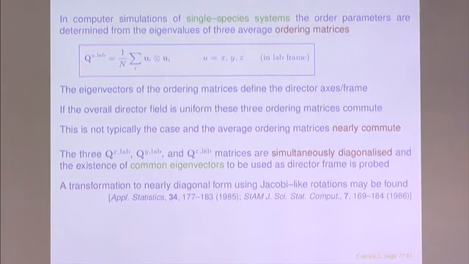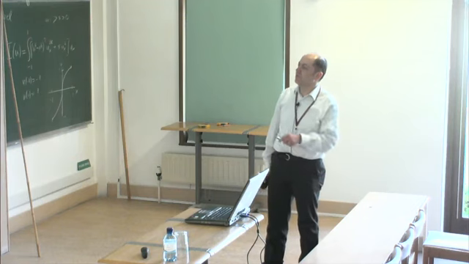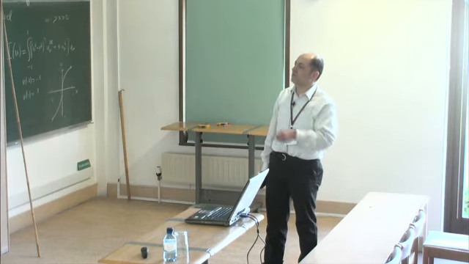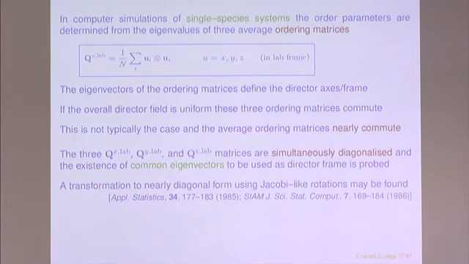Once one has these 3 matrices, one wants to diagonalize them, and in principle one would expect that these had the same set of eigenvectors, but as it comes out, it is not always so, because they do not exactly commute. So the best thing we can do is try to simultaneously diagonalize them until the sum of the squares of the off-diagonal elements is minimal. For instance, one can use some sort of Jacobi-like rotations to do this.